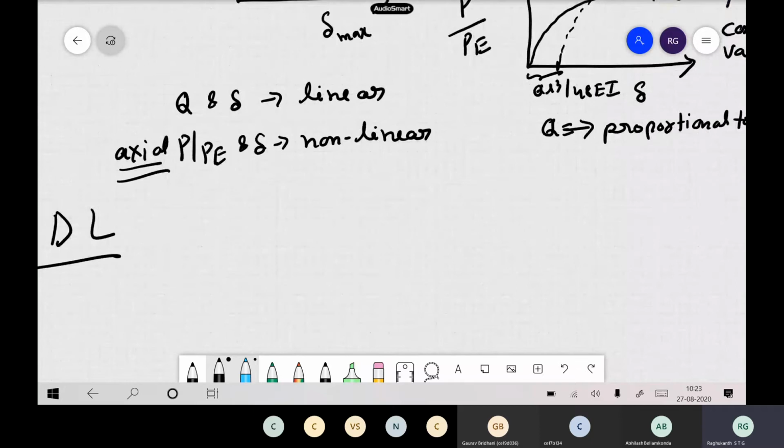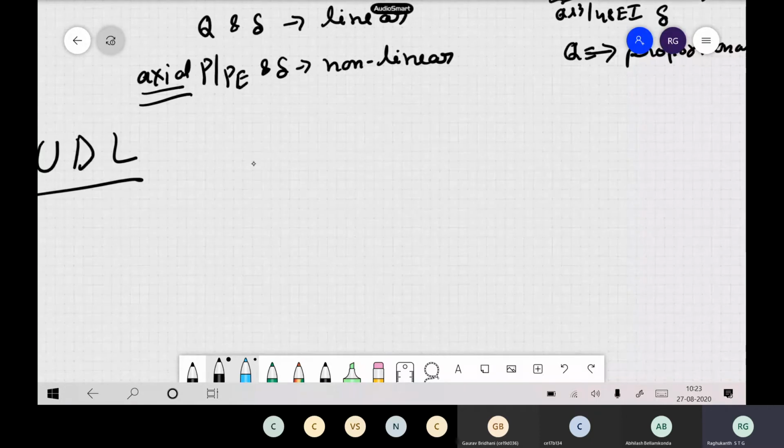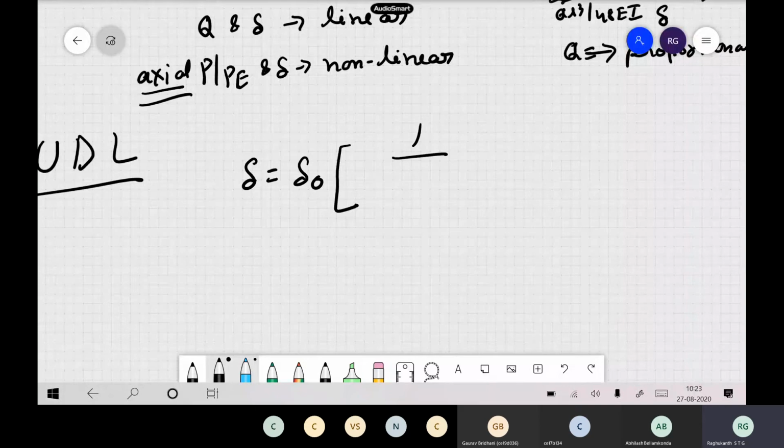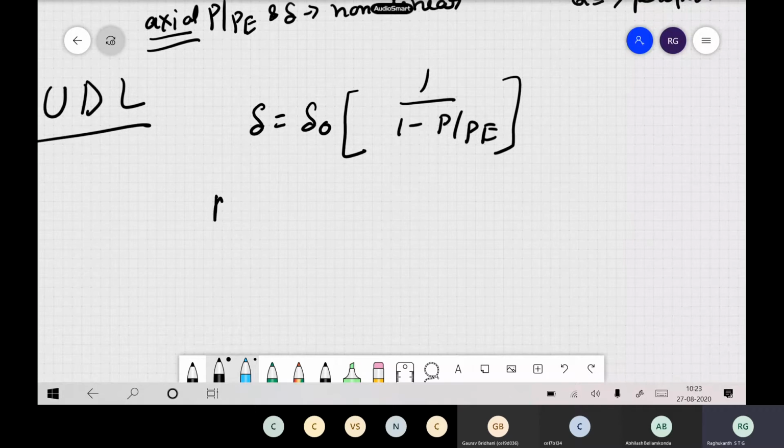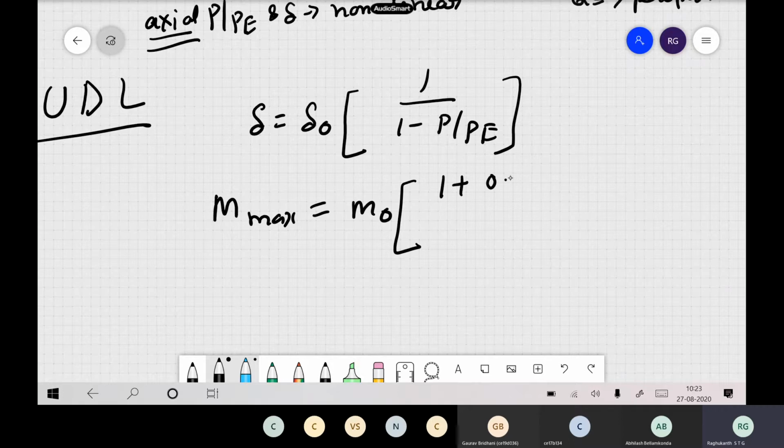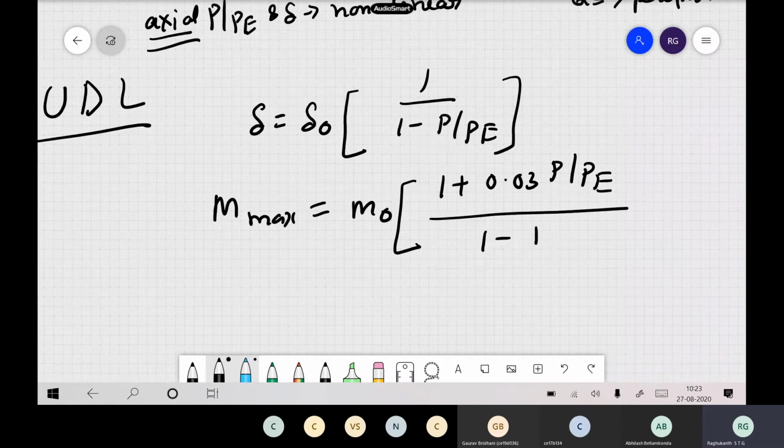Finally, when you write this, you will have delta is equal to delta naught by 1 minus P by PE. The same expression comes: the magnification factor remains the same, and your M max is the same. So this becomes M naught into 1 plus 0.03 P by PE over 1 minus P by PE.